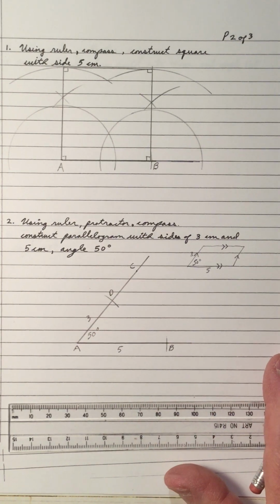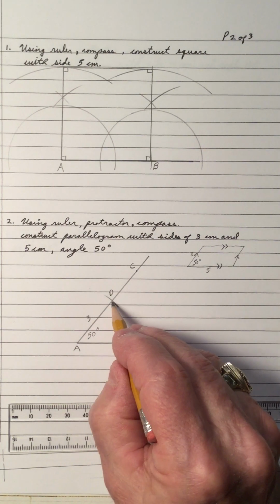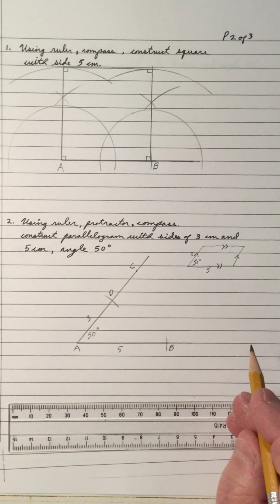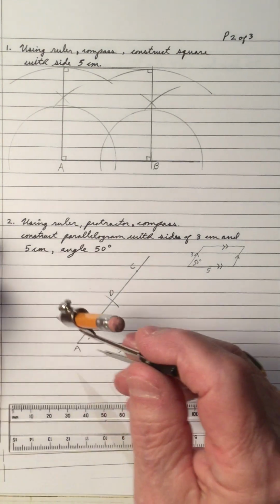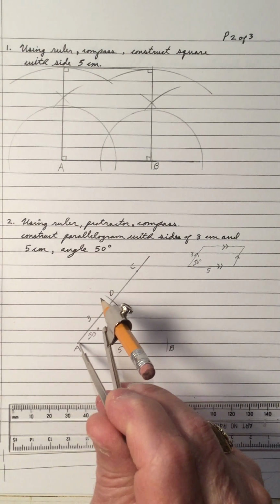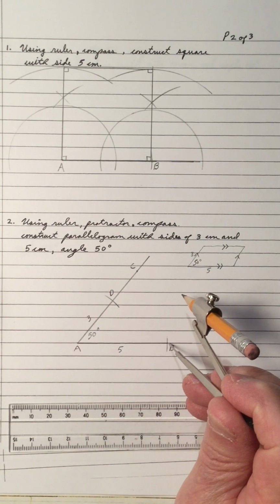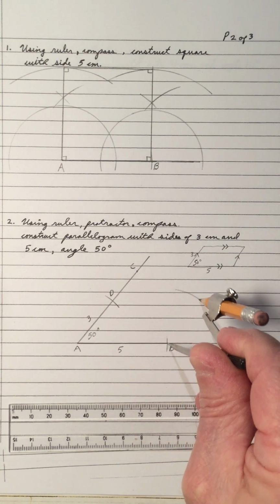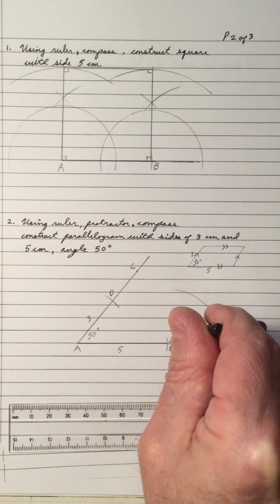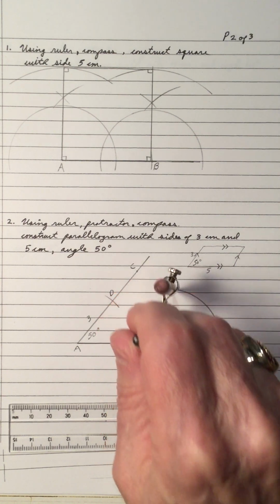Now I can either copy an angle here, or I can use my protractor again. So I have a 3 from here to here. So put the compass at B and draw an arc, where each point on this arc is 3 centimeters away.